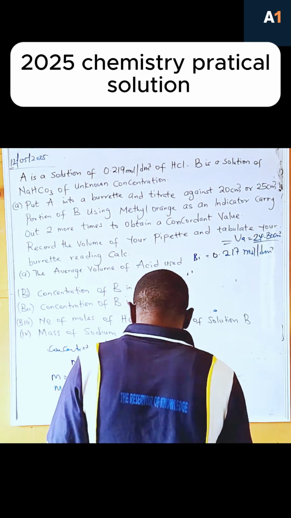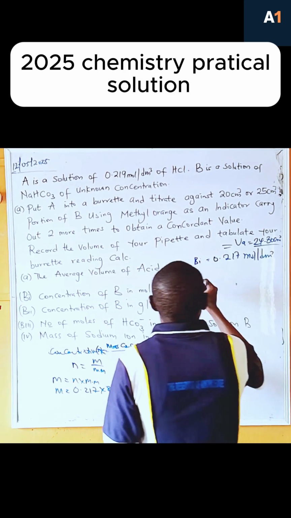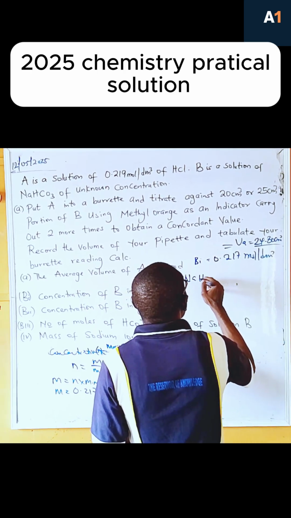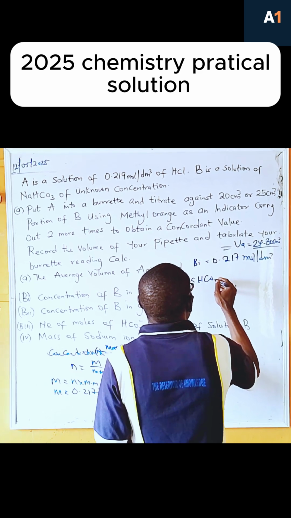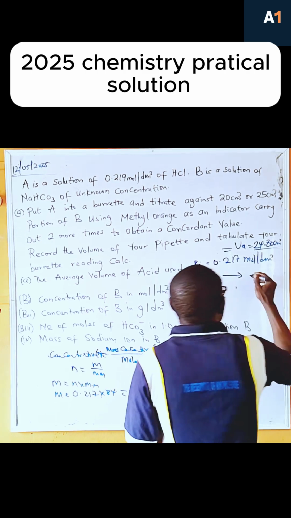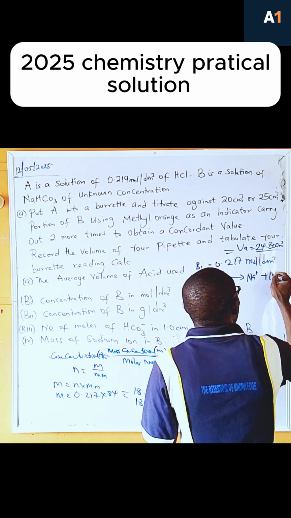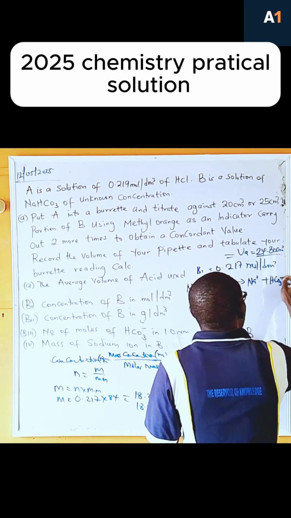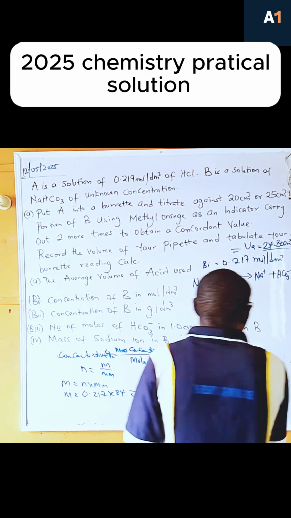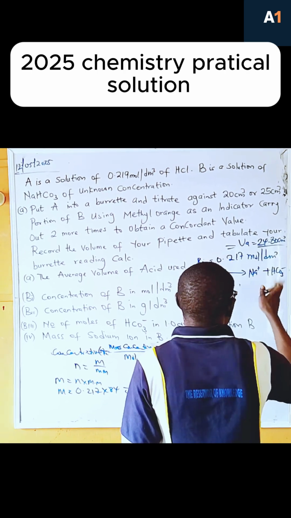So in this case, if you look at this critically, you will know that NaHCO3, when you break it down, you dissociate it. You have Na plus the bicarbonate ion.